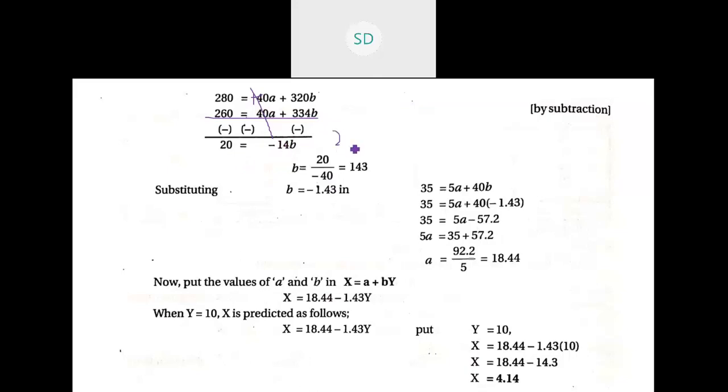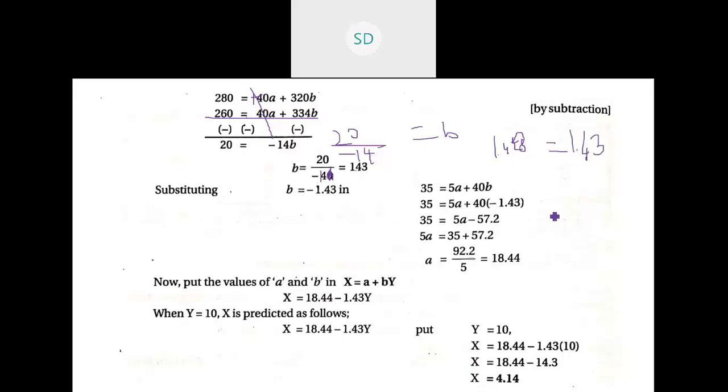So this will become 20 divided by minus 14 is equal to b. And sorry, here this is minus 14 and not 40. Okay, so 20 divided by minus 14 is equal to b. Now if you divide them, then you get 1.428. So here you can round it off and write it as 1.43.